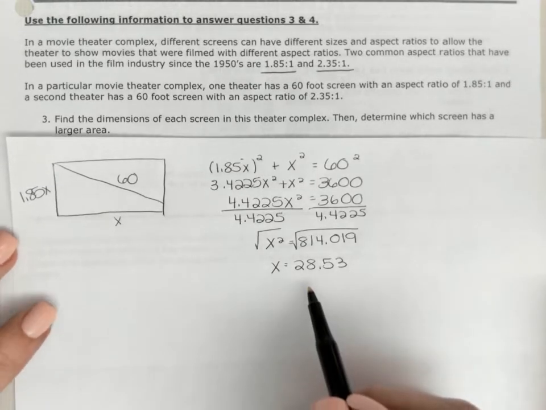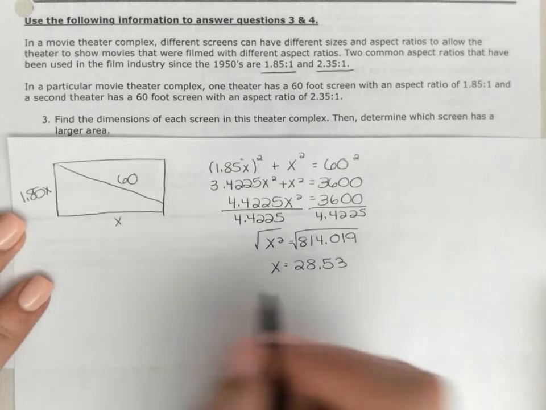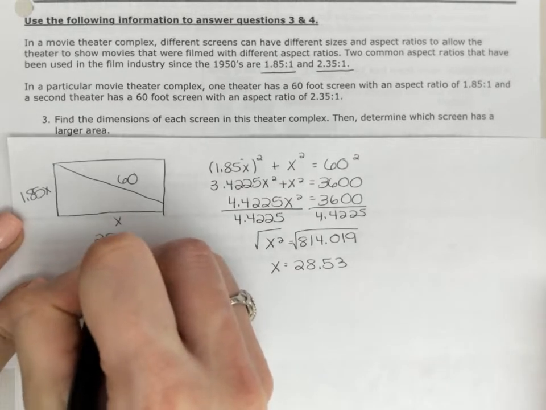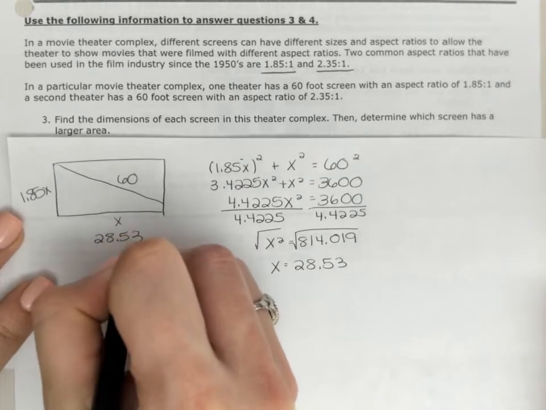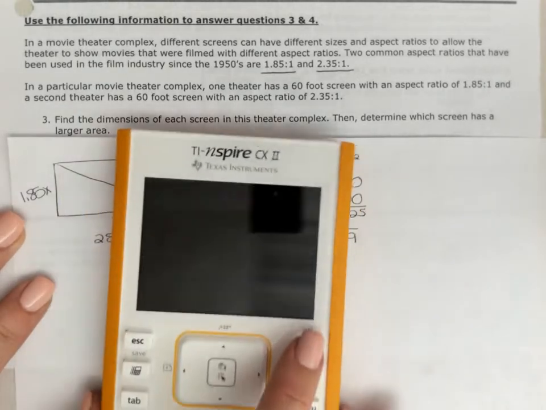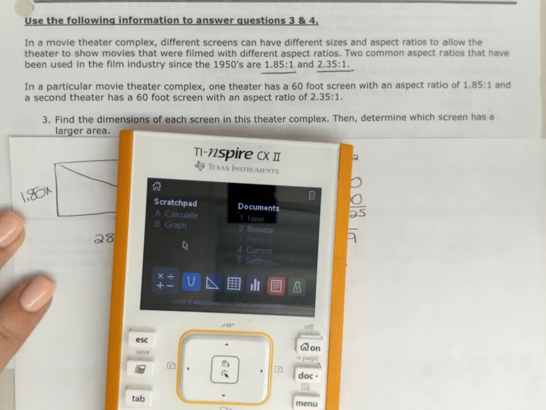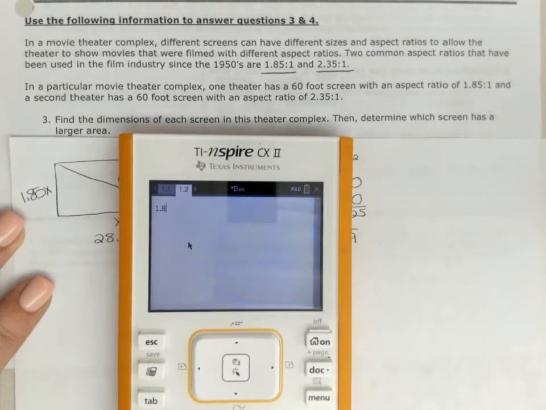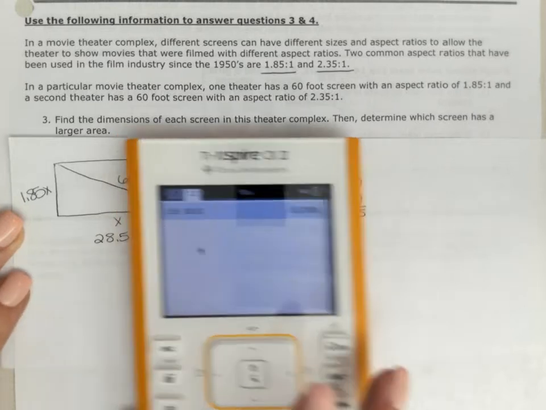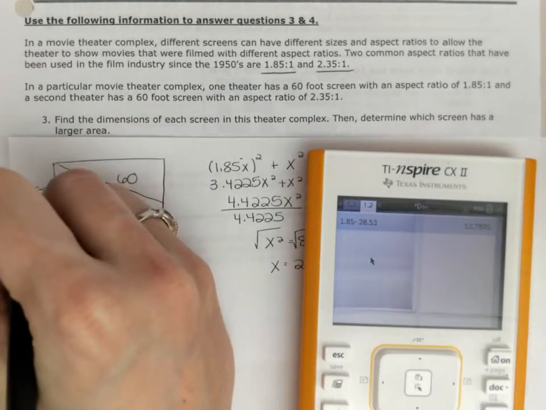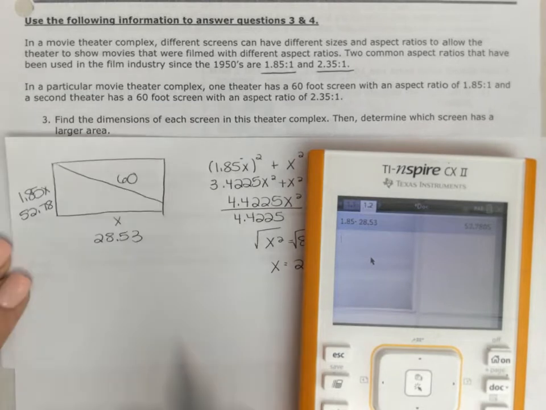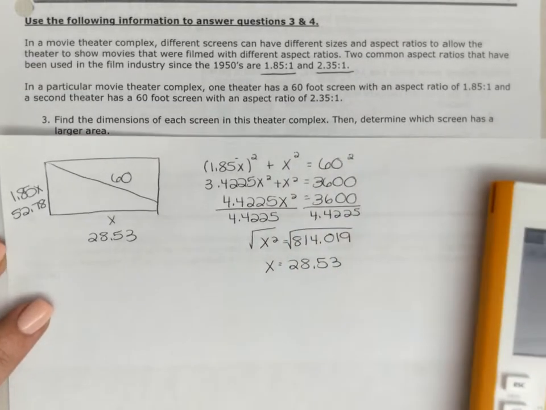But it's not asking for x, it's asking for the dimensions. So for this TV, this side is 28.53. To find the other side, we take 1.85 times the 28.53, and we get 52.78. It also wants us to find the area.